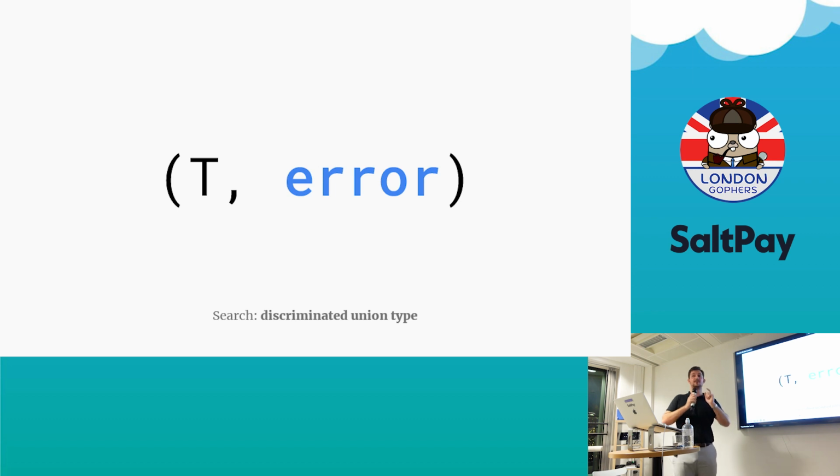But if we conventionally say that our functions are going to either return the T or an error, never both, we basically make it, conventionally, a sum type. So the number of possible states becomes the number of T plus the number of errors rather than the multiplication of them, and then representational accuracy rises. Other languages have this kind of typing mechanism called a discriminated union type, which Go doesn't have as of yet, but you can search for it in your free time.